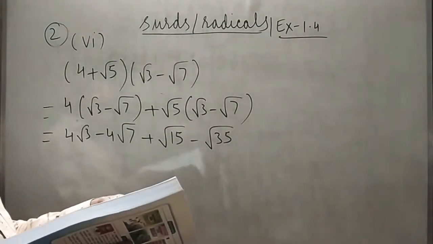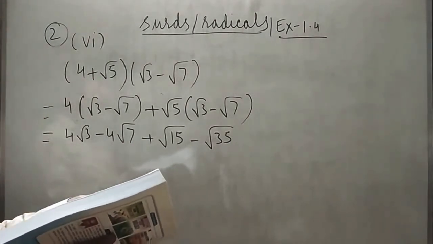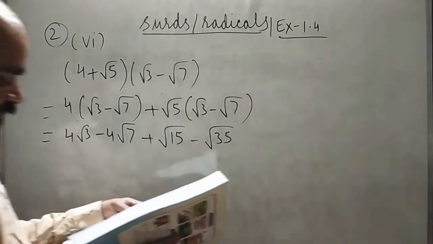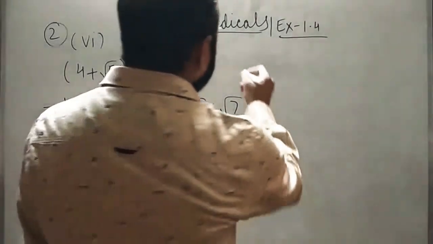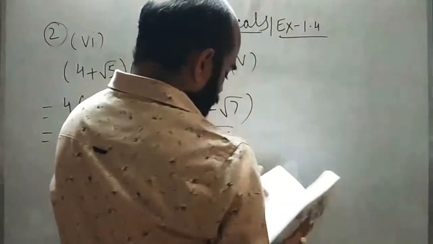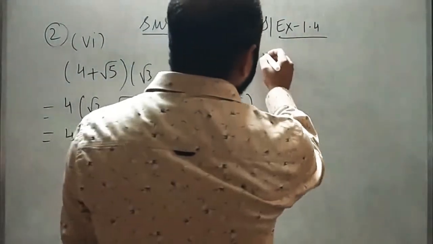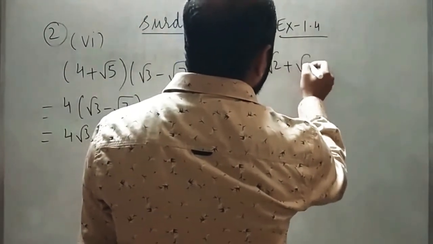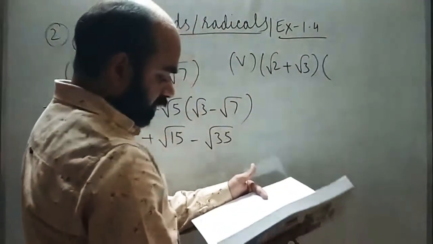Next one is any other question. Suppose I am taking question number 5th. What is 5th? See, root 2 plus root 3 times root 5 plus root 7.